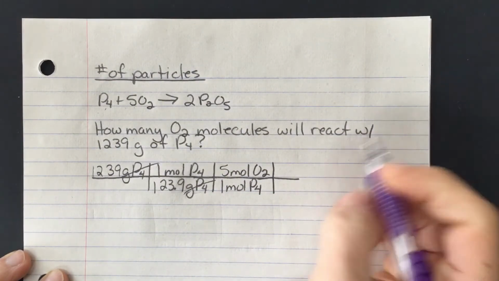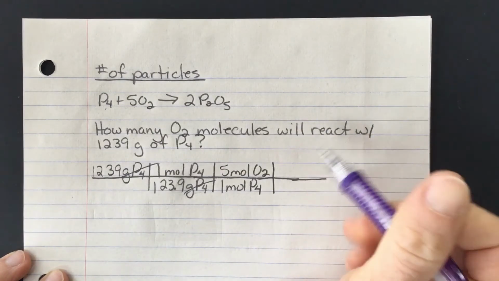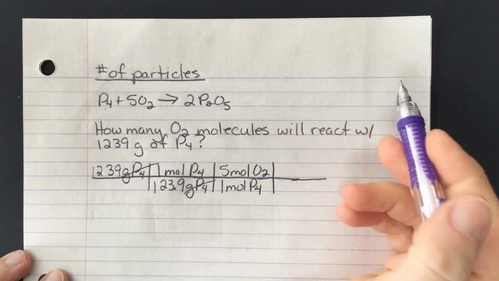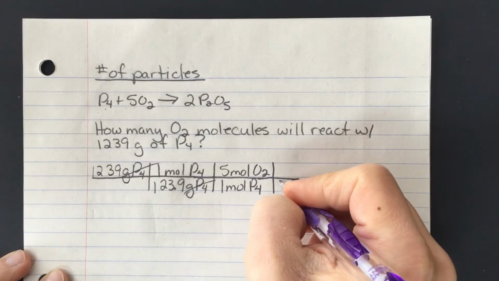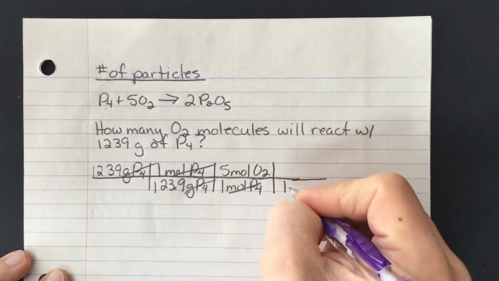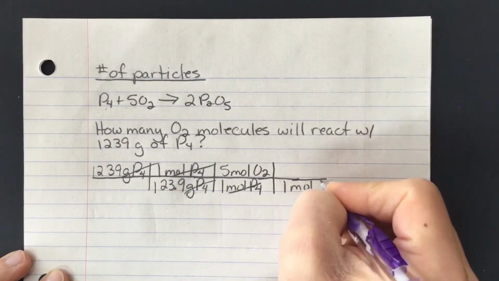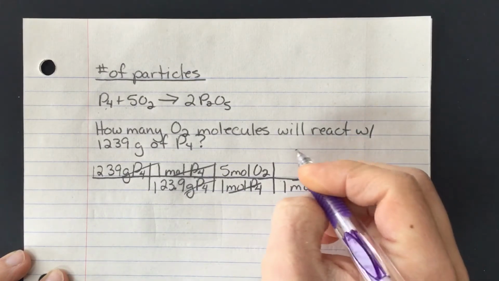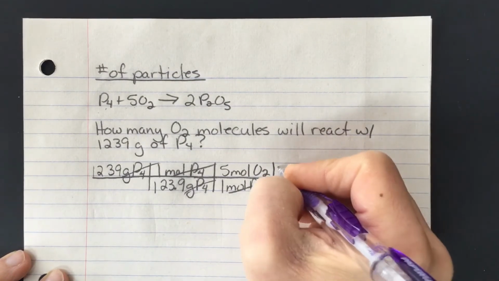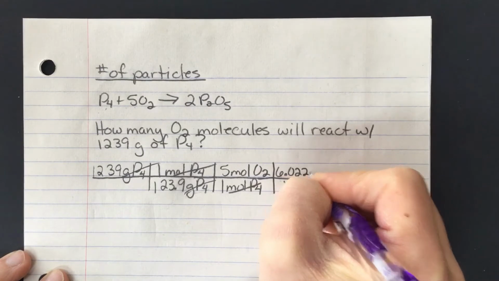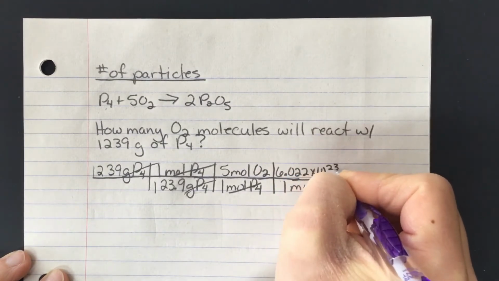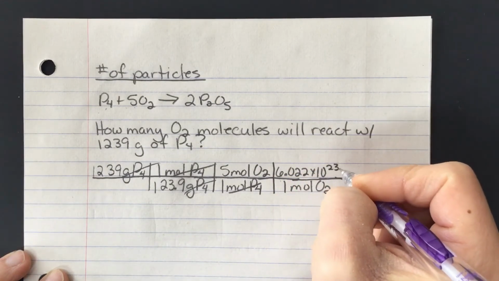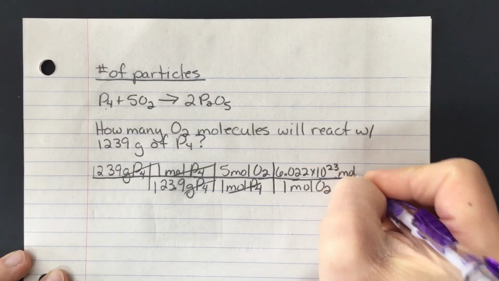Now, at this point though, I want to go to number of molecules. And remember, I know that 1 mole of oxygen contains Avogadro's number, 6.022 times 10 to the 23rd molecules of oxygen.